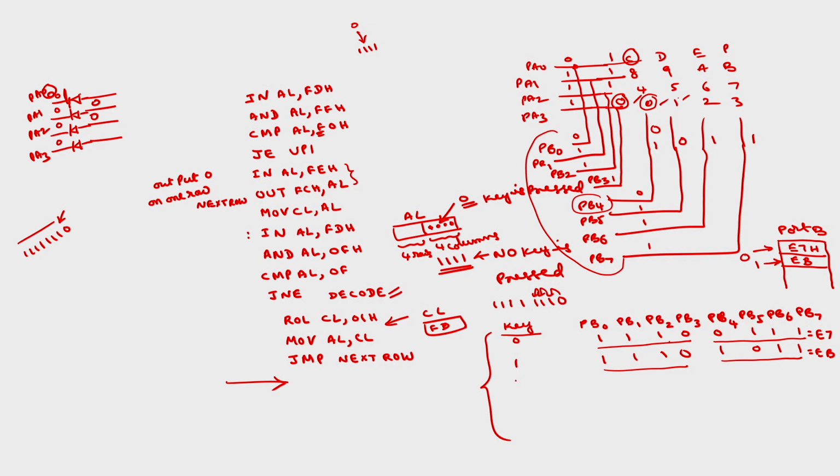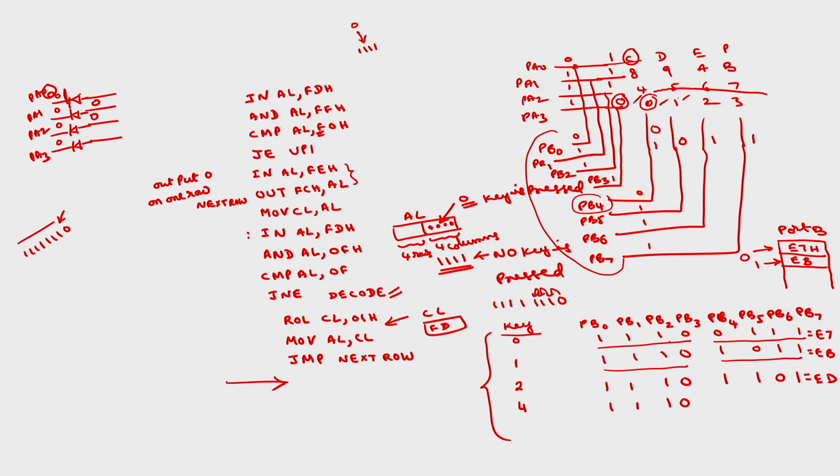Okay. Corresponding to 2, this should be 1110 only for 2 also, and 2 is here, which means this should be 0. 2 is in PB6, PB6 should be 0. So 1 1 0 1, this will be D, 13 is D, ED. Corresponding to 4, this will be the same 1110.